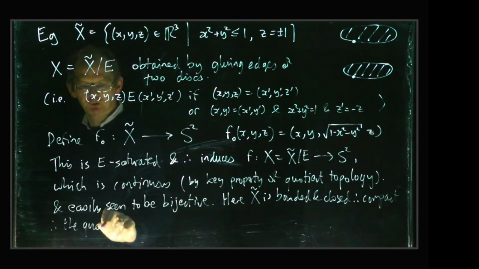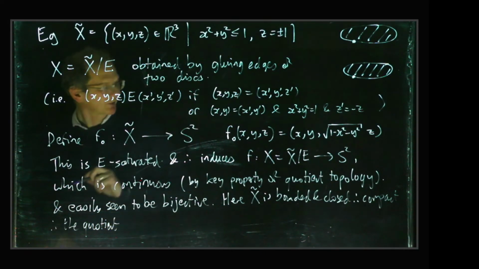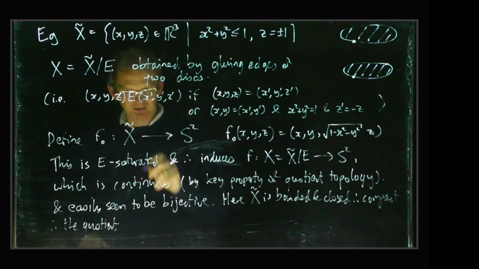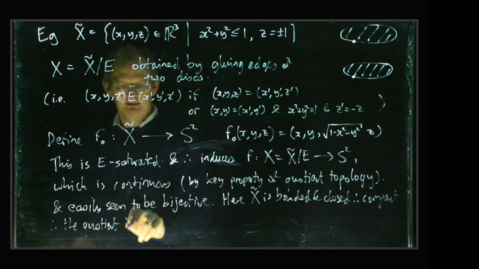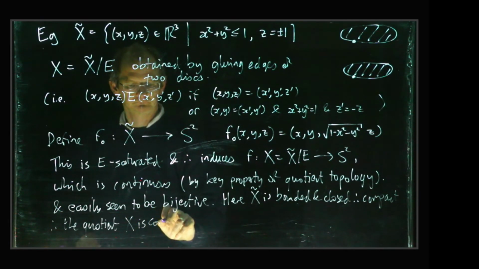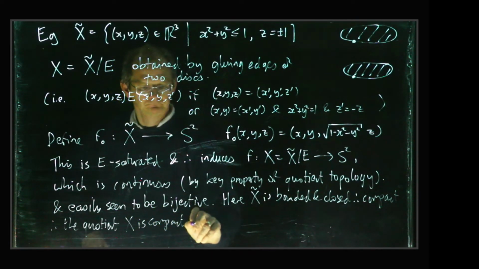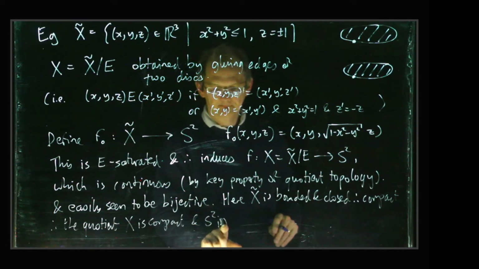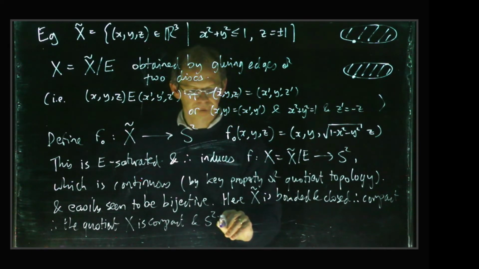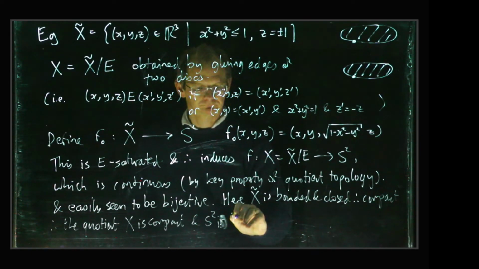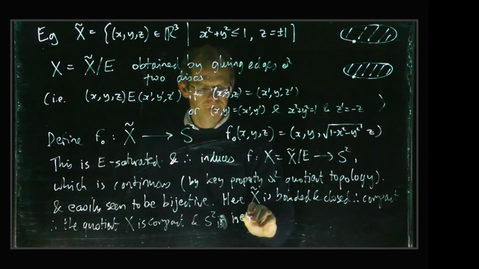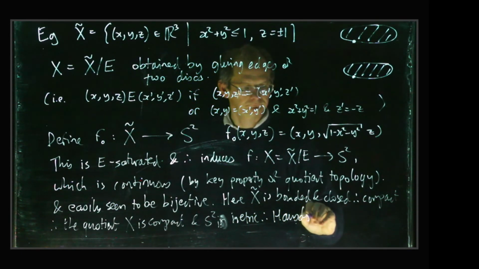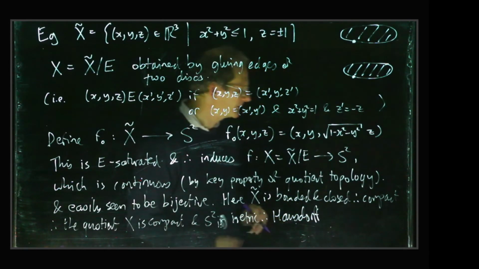And we proved a fairly easy argument a little while ago that any quotient of a compact space is also compact. And S^2 is a metric space, so it's Hausdorff.